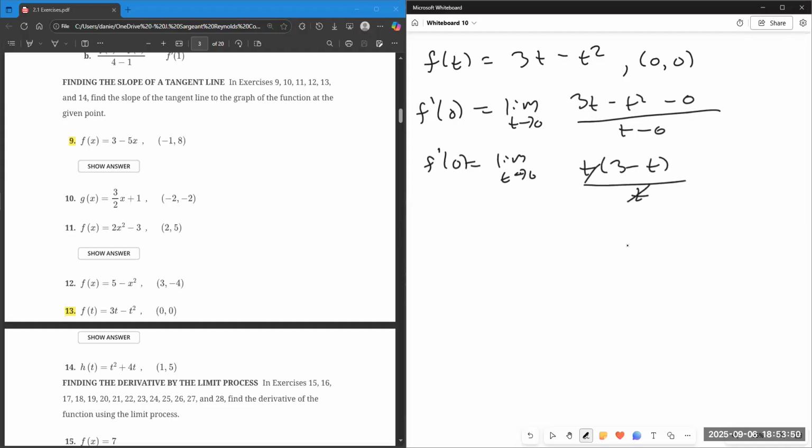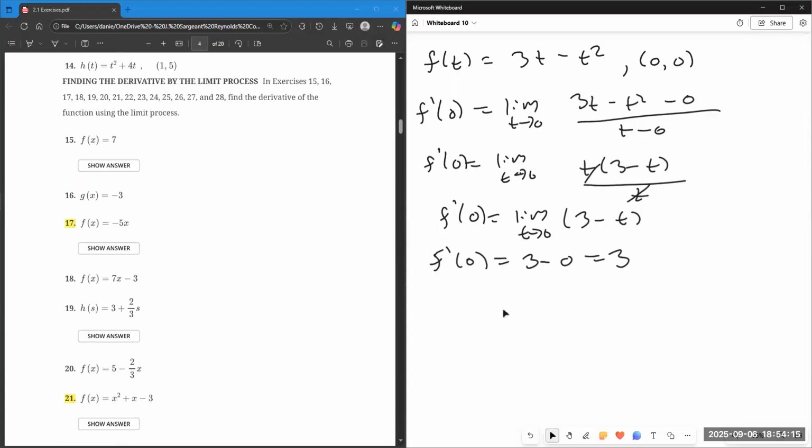The t's will cancel there since t is getting close to 0 but not getting there. f prime of 0 equals the limit as t goes to 0 of 3 minus t. So f prime of 0 is 3 minus 0, which is 3. So the slope of the tangent line at (0, 0) is 3.